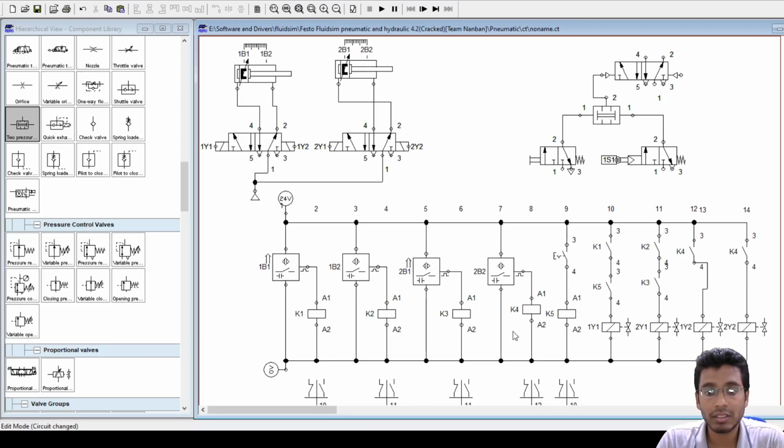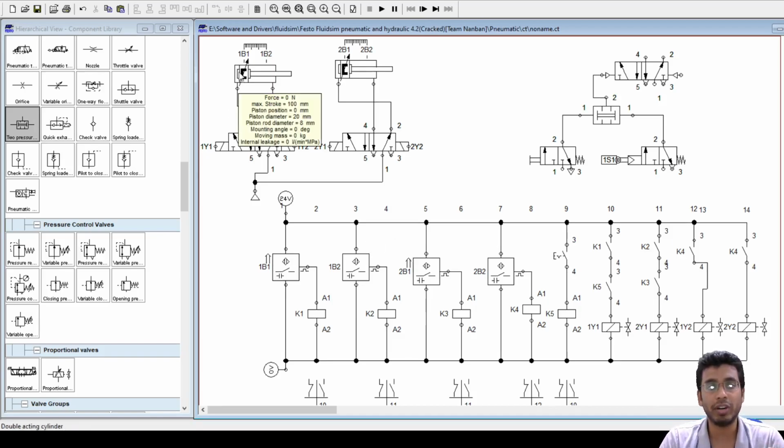Say in this case, 1B2, these pressure sensors. The same thing here. It was known as positive switching and negative switching. Remember in the pneumatic I had shown you that since we are using a normally closed valve, initially your cylinder was extended. The moment cylinder 1 extended completely and this sensor 1B2 sensed it, what happened?